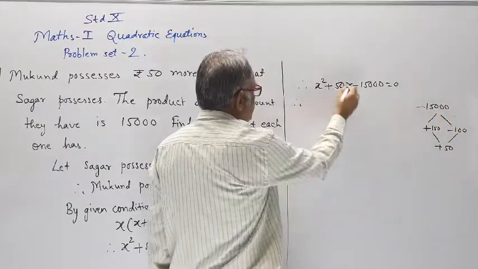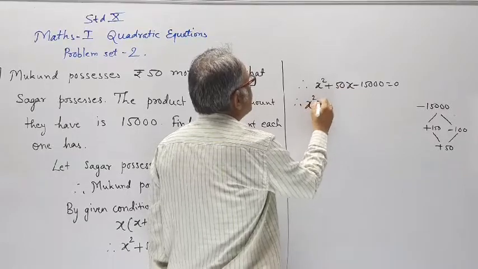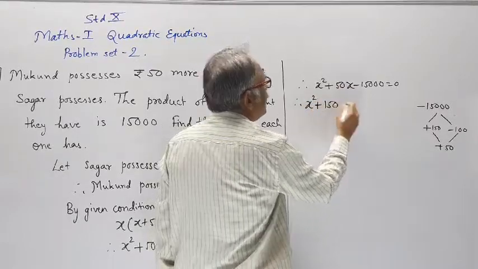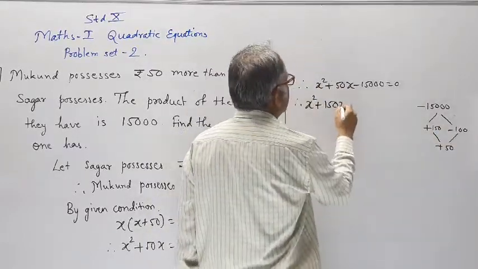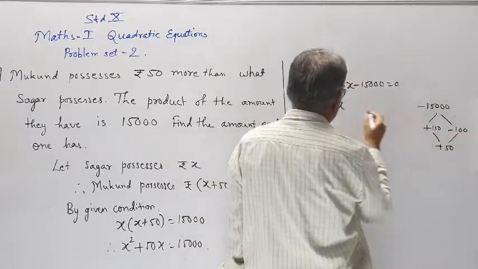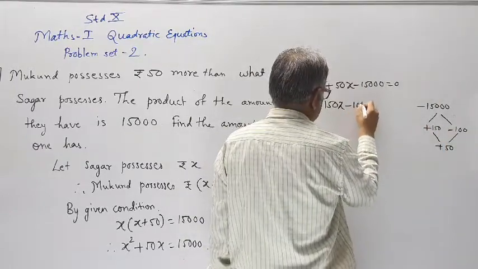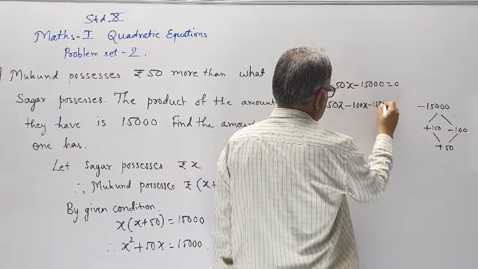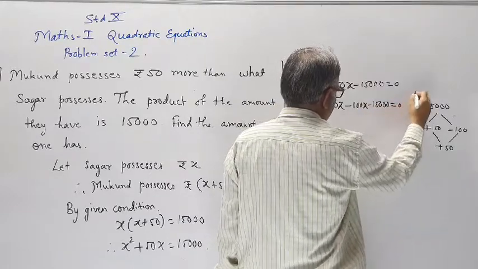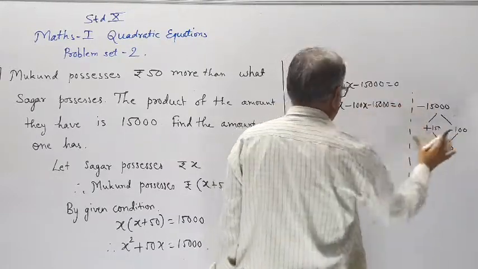So we have to split plus 50x as plus 150x along with variable x, minus 100x, minus 15,000 equal to 0. This is the rough work.